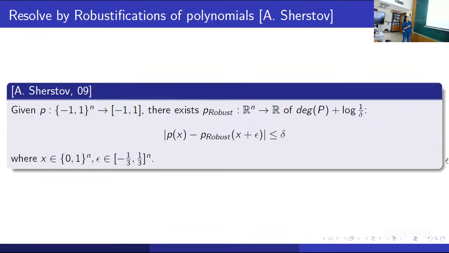That is, if there is error in the domain, around every point, suppose I have 0, I am now considering some open neighborhood around my point, and my polynomial can handle all those noise but still approximate nicely. That is, from the original polynomial, the value is within delta. And how much am I harming the degree? It's just an additive error, like plus log of 1 by delta. So really, they don't care, that's a constant.